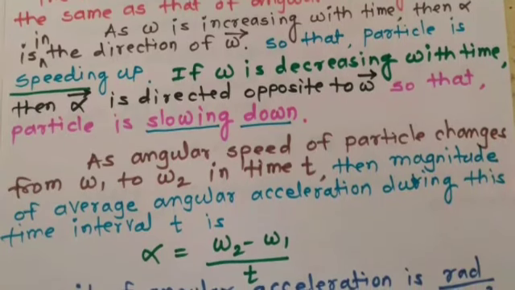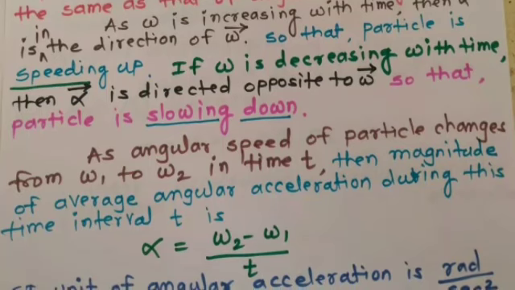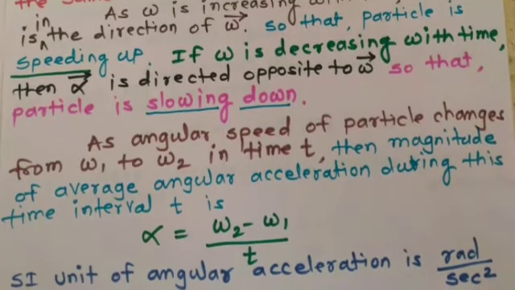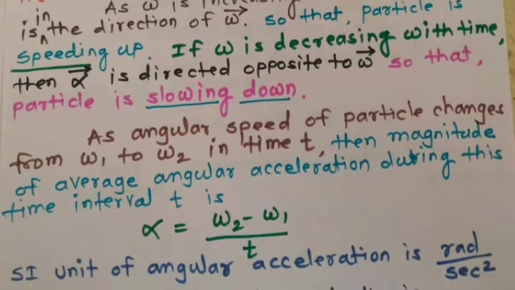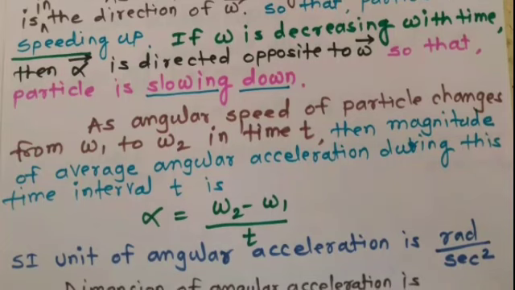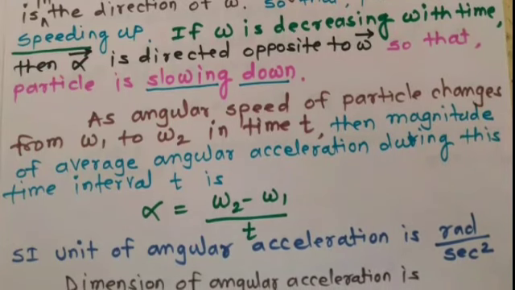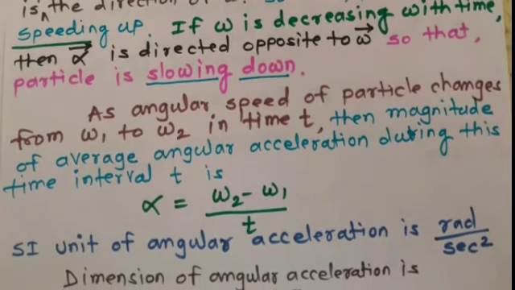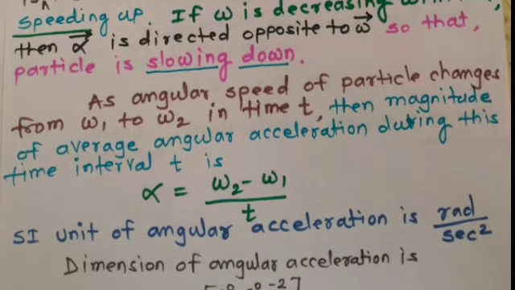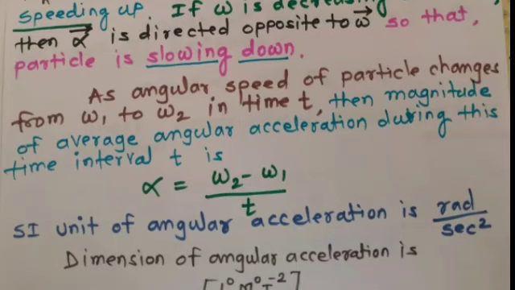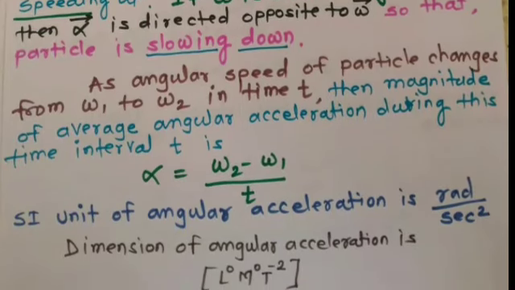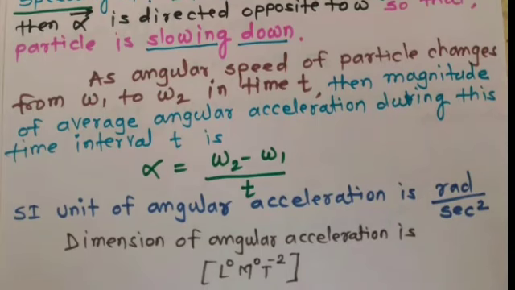If the angular speed of a particle changes from omega 1 to omega 2 in time t, the magnitude of average acceleration during this interval is alpha equals omega 2 minus omega 1 upon t. The SI unit of angular acceleration is radian per second square. The dimension of angular acceleration is L to the power 0, M to the power 0, T to the power minus 2.